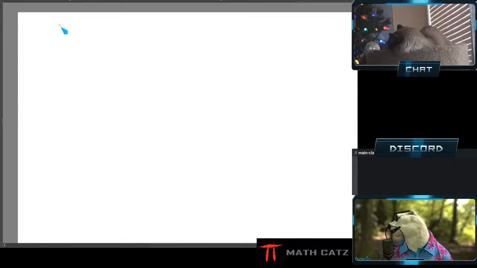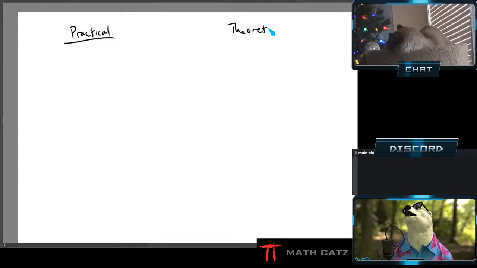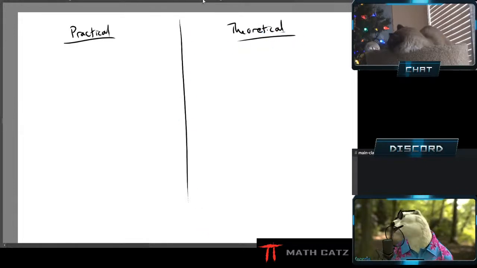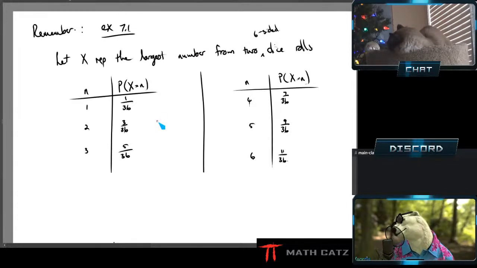But even in this example, there's a difference between the practical side of things and the theoretical side of things. The probability distribution is a theoretical ideal that says that if I were to roll these two dice, this guy, for example, can be interpreted on his own in a very similar way to the expected value.